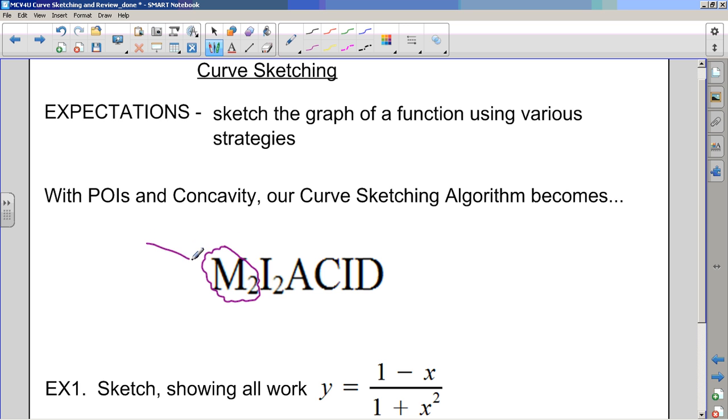That's minimums and maximums. So we should be calculating mins and maxes. That's M2, M and M, mins and maxes. The I2, there's two I things, intercepts and inflection.